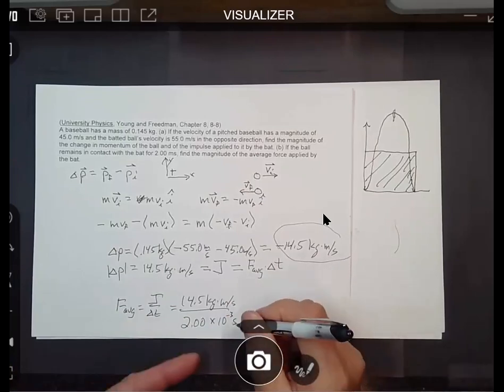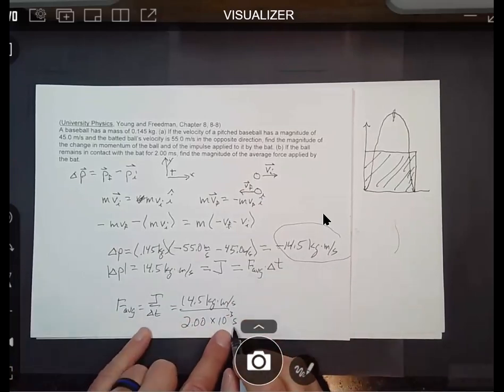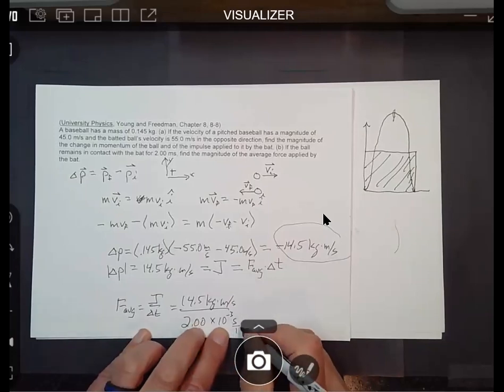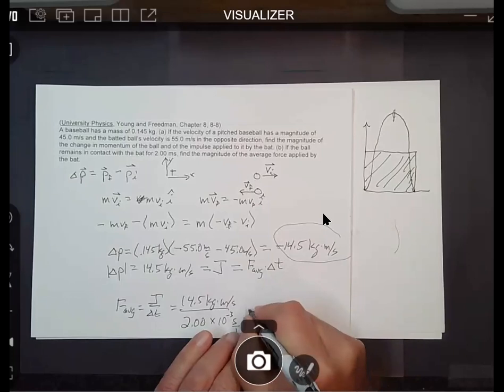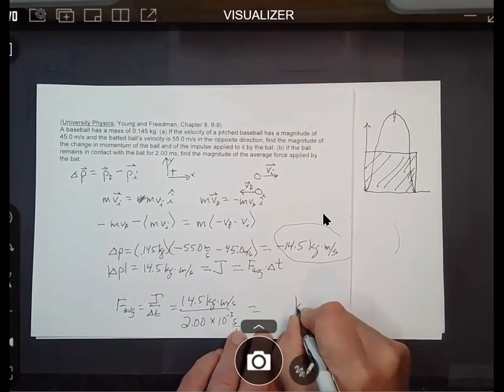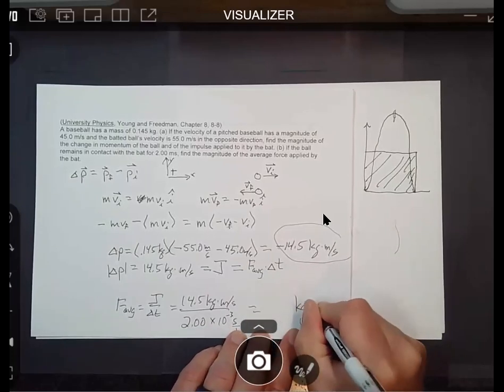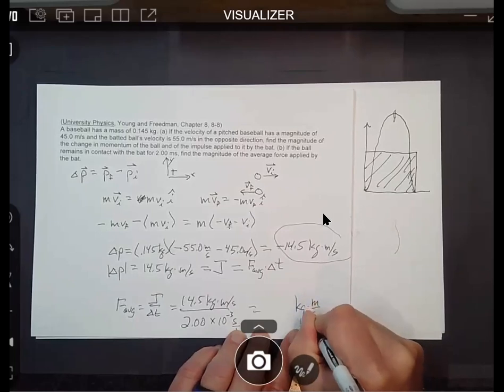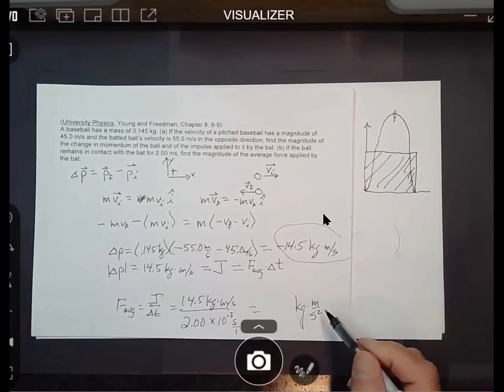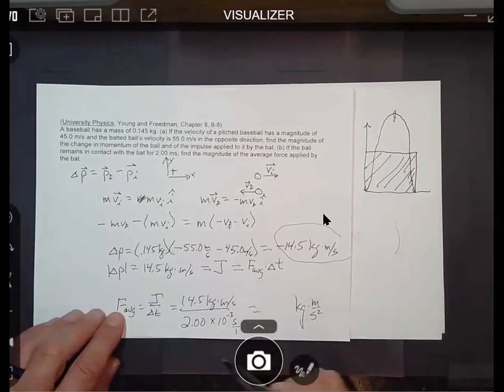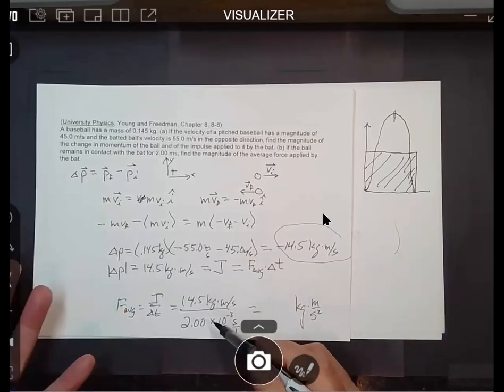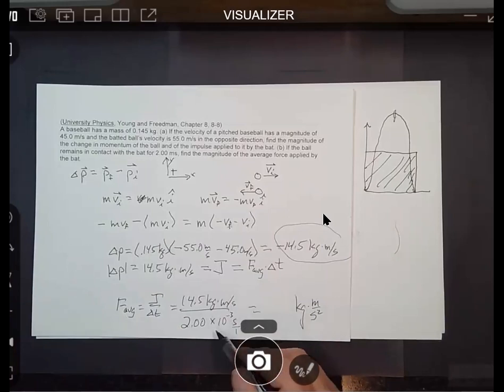And you can convince yourself of this. Imagine the second on the bottom is like a second divided by 1. Invert and multiply. And what you'll end up with for units are kilogram meters per second squared. That happens to be a Newton. Okay, well, that's good. That's a force. So 14.5 divided by 2 is going to be 7.25.